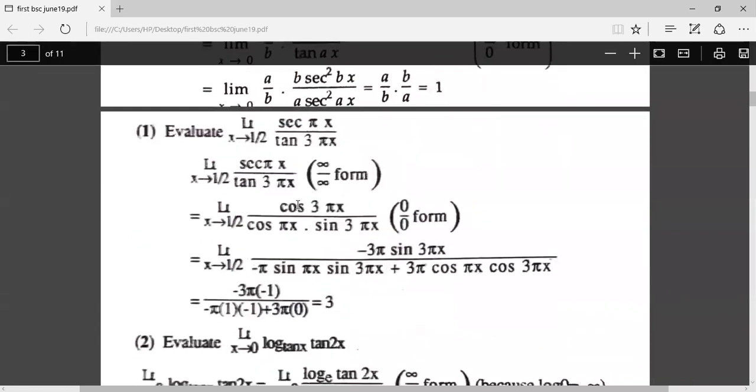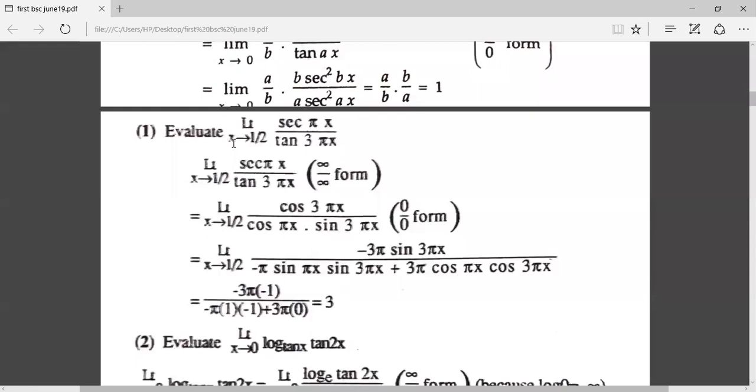Let us take another example: secant pi x whole divided by tan 3 pi x as x tends to half. First you have to check whether it is an indeterminate form, infinity by infinity or 0 by 0. Then only you have to use L'Hospital rule.